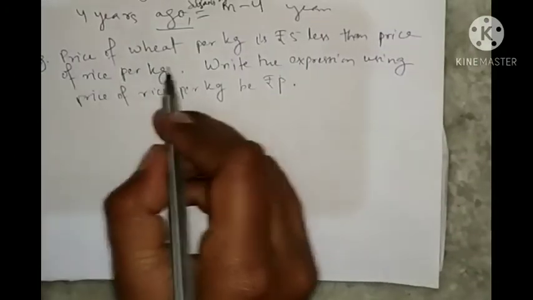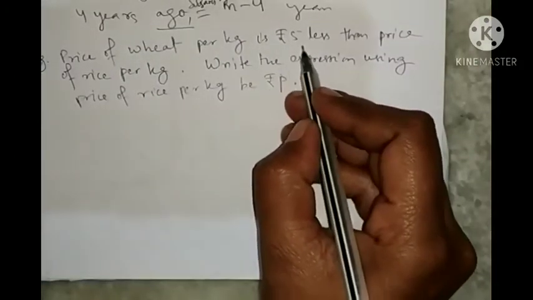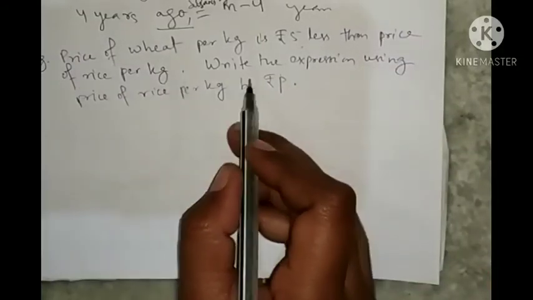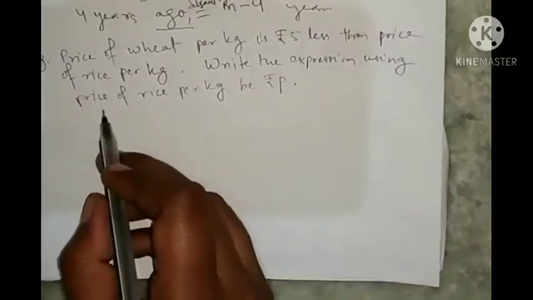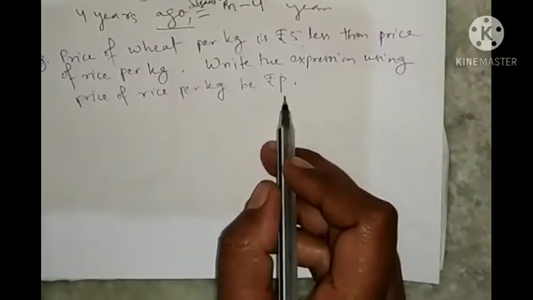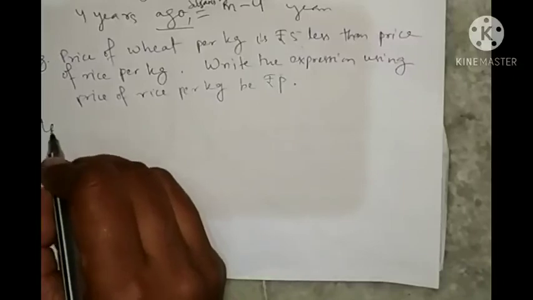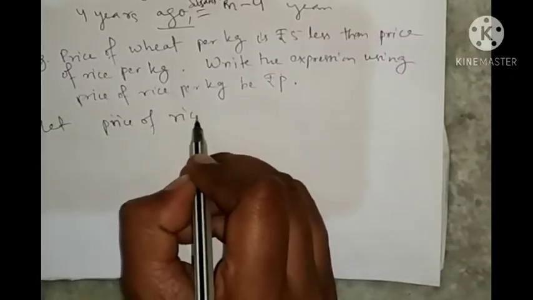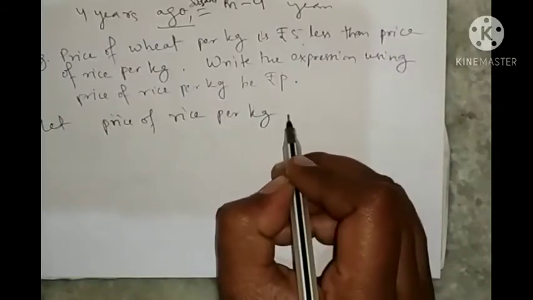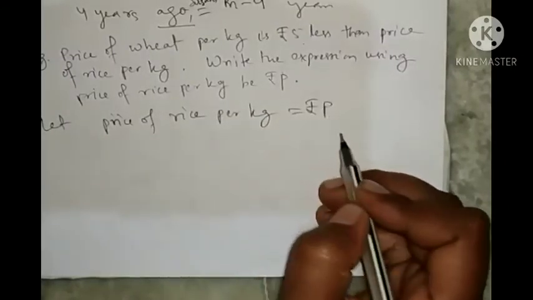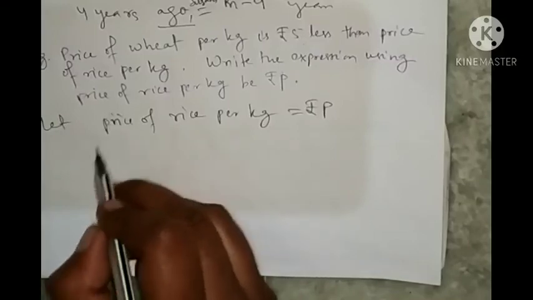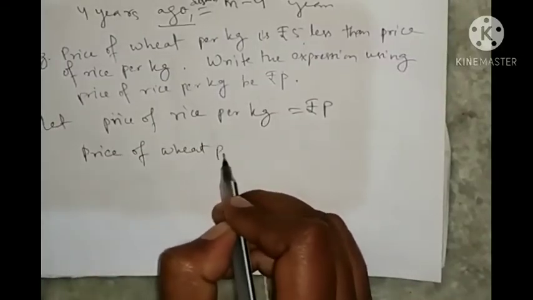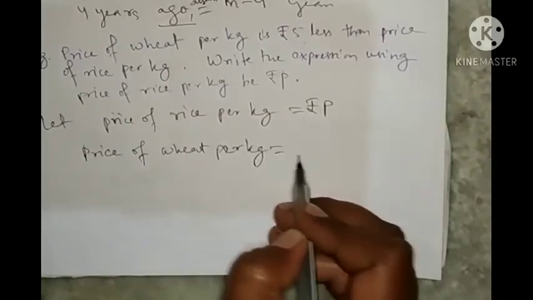Next we'll see price of wheat per kg is rupees 5 less than price of rice per kg. What is the expression using price of rice per kg be rupees p? So let price of rice per kg equal to rupees p. So price of wheat per kg equal to how much you will write?